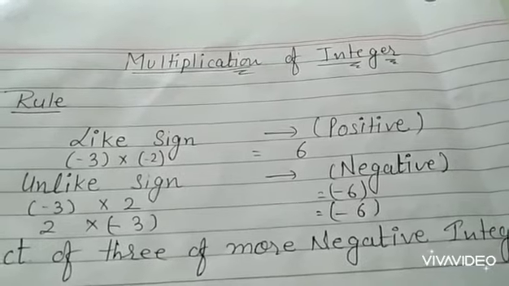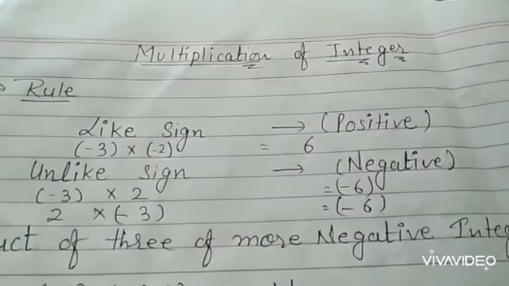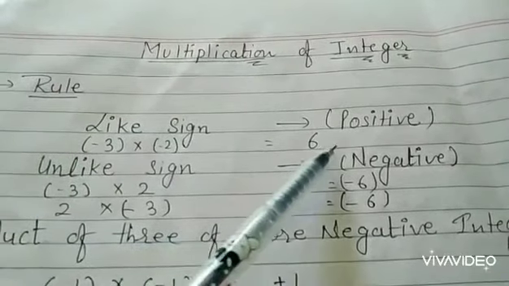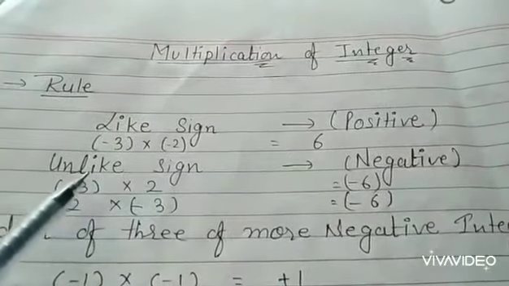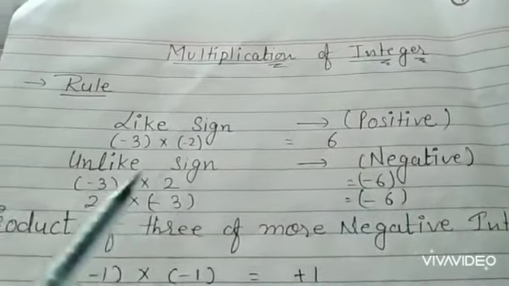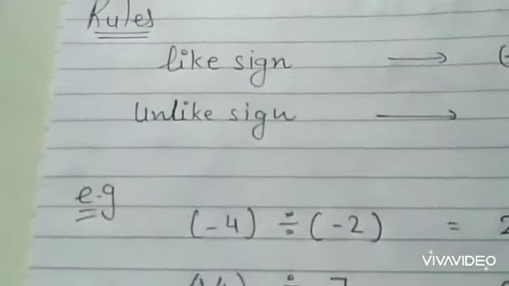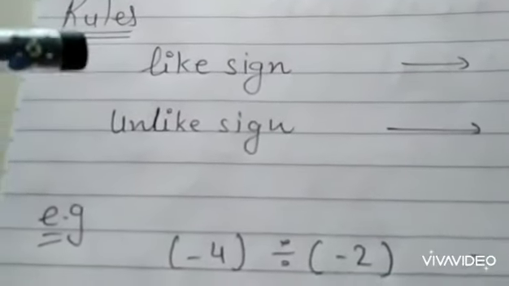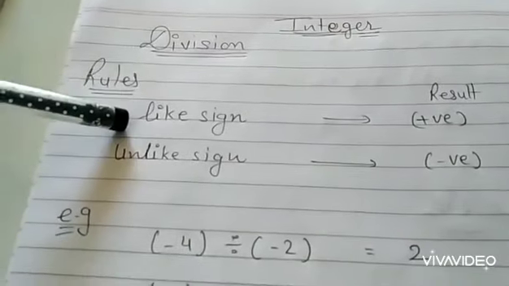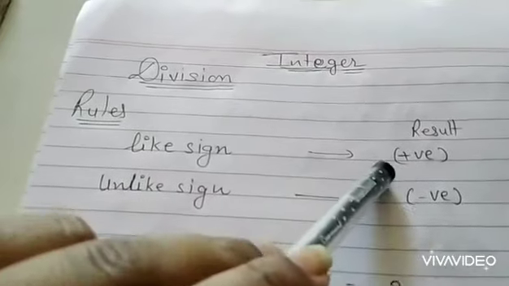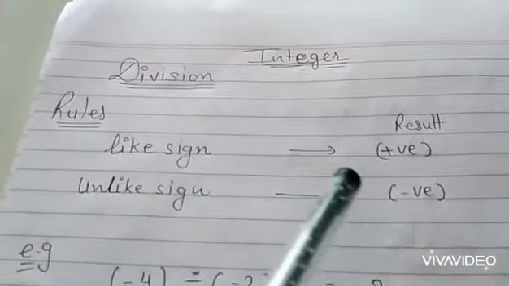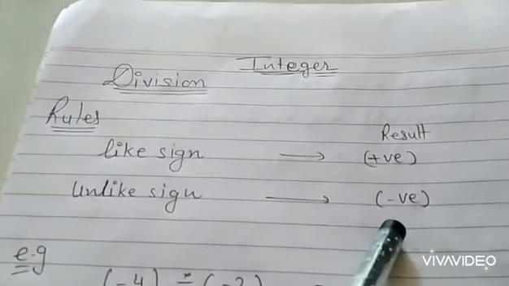We have discussed multiplication of integers. The rule is if like signs are there, then the product will be positive, and if unlike signs are there, then the product will be negative. In the same way, we can apply it for division. The rule is the same for multiplication and division. If like signs are there, the result will be positive, and if unlike signs are there, the result will be negative.